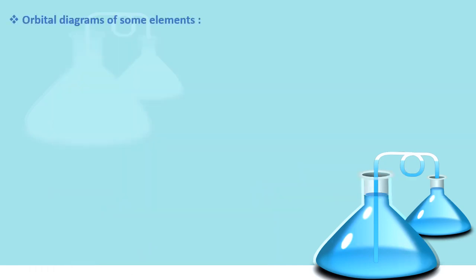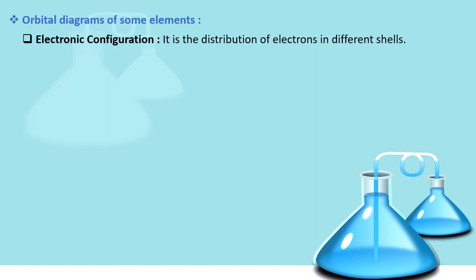Now we will move to the orbital diagrams of some elements. How can we make the orbital diagram? Orbital diagram can be made by the distribution of electrons, that is called the electronic configuration. If we know the electronic configuration, we can distribute the electrons in the different cells of an atom.